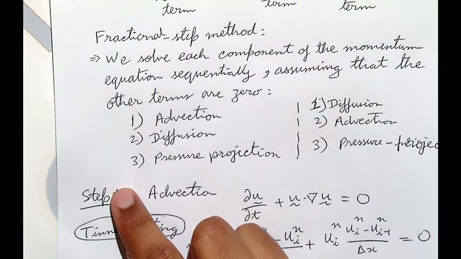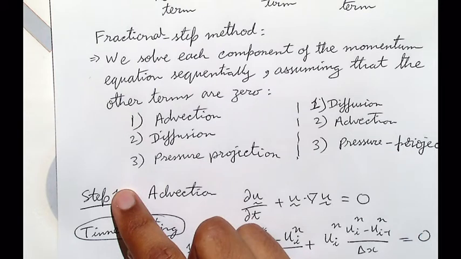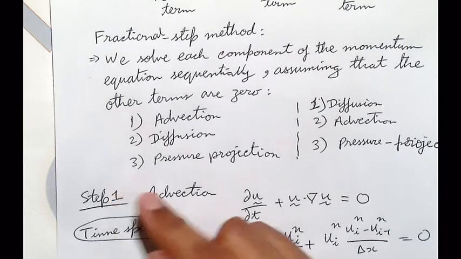So when we say that the change in velocity is first of all affected by the advection, then by diffusion, and then by pressure projection. But wouldn't it be pressure projection first, because for the pressure field, we solved the Poisson equation and we showed that the transmission of information will be instantaneous because of the pressure term.